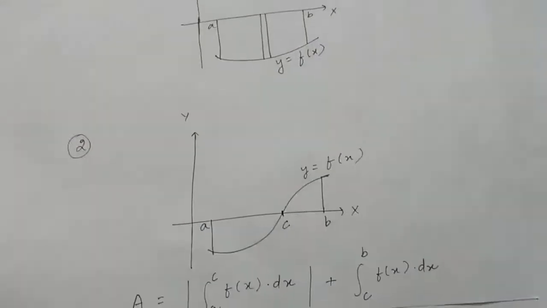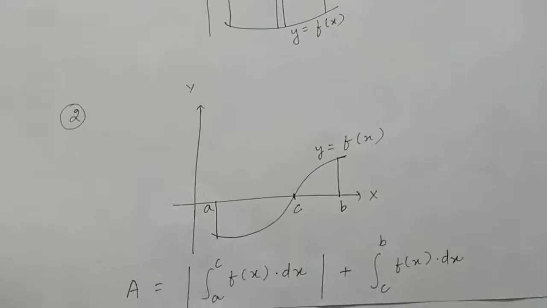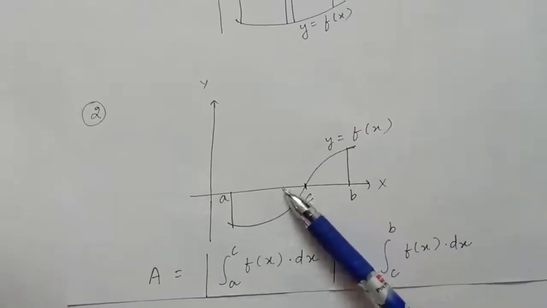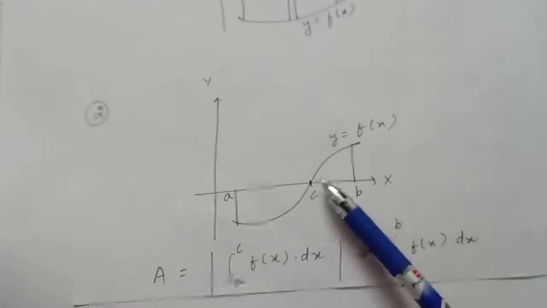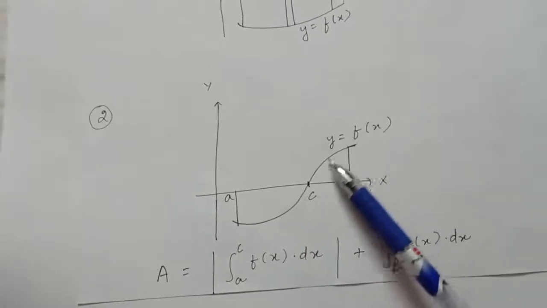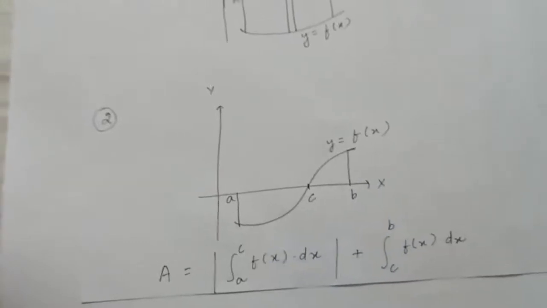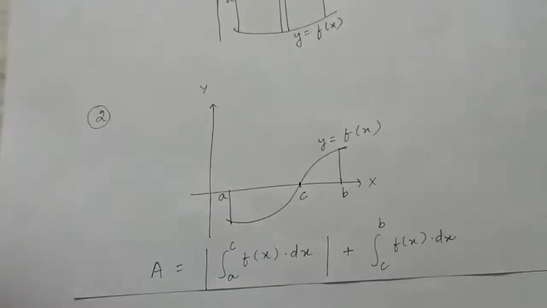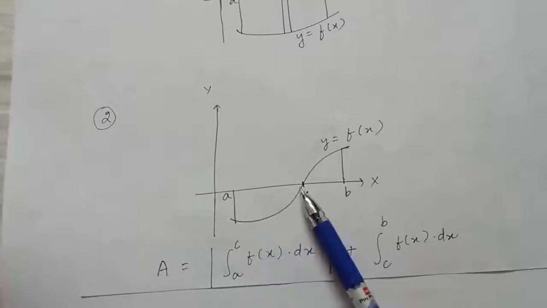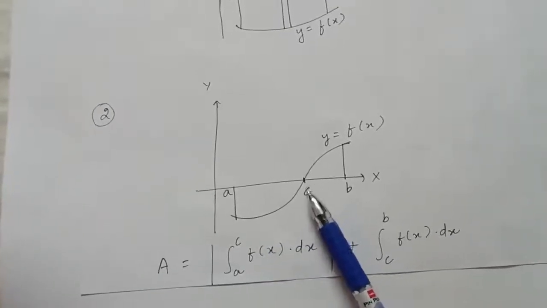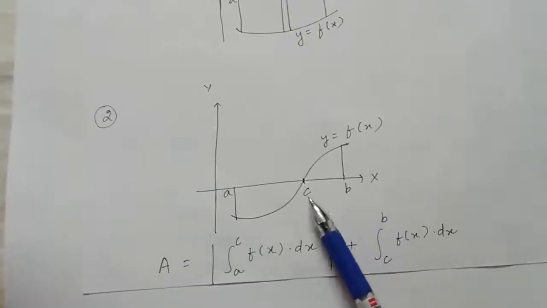Sometimes it is the case that some part of the function is negative, that is below the x-axis, and some part of the function is above the x-axis. In such a case, the area of the function from the limits a to c will be negative and the area of the function from c to b will be positive.